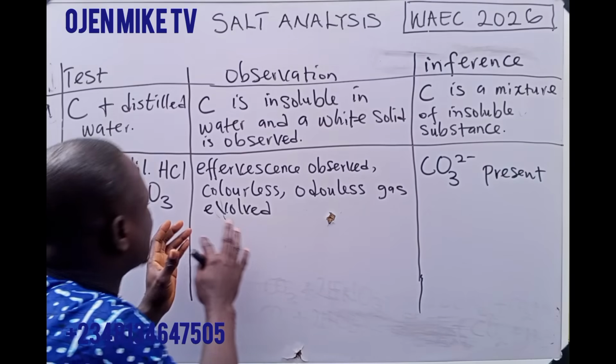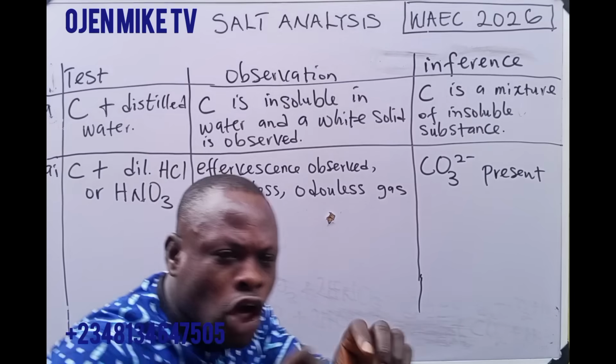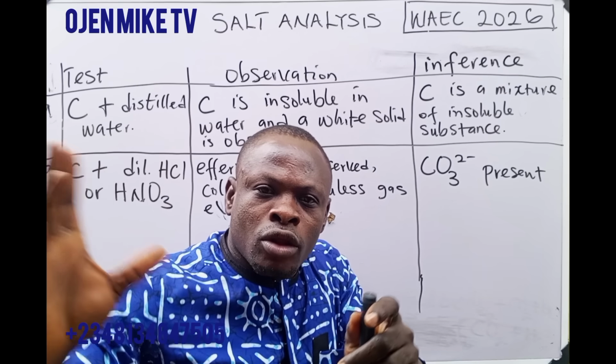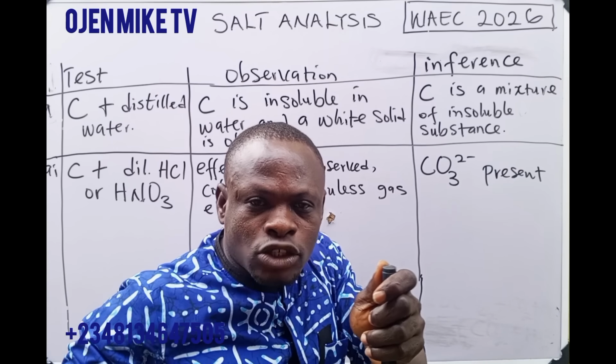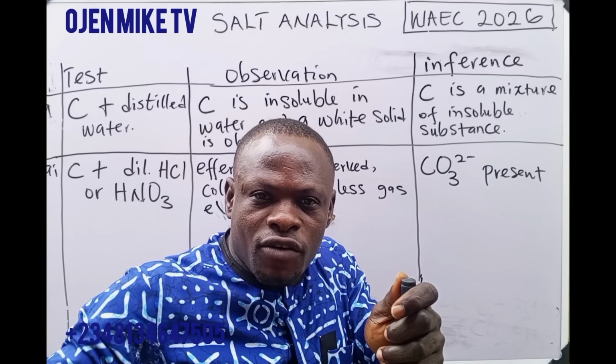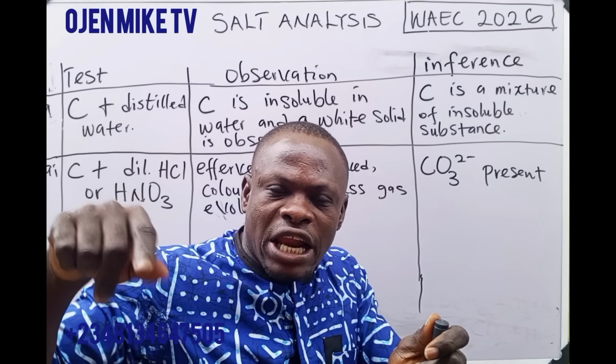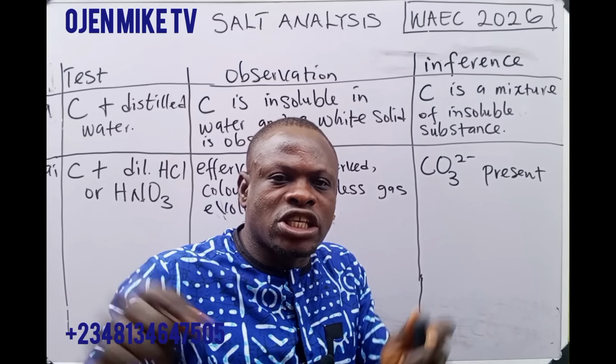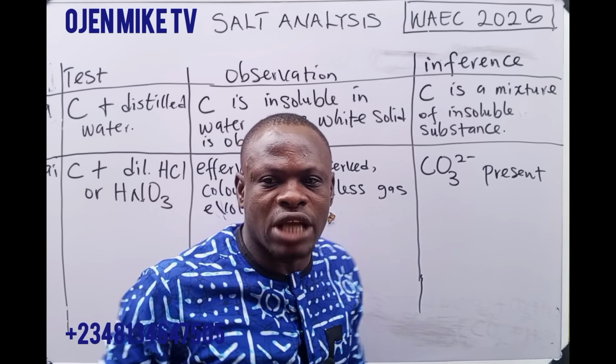Now when you pass that gas that has been evolved, as the gas is coming out, connect it to a container of lime water. If lime water is there, it will turn that lime water what? Milky. So you say gas turn lime water milky.